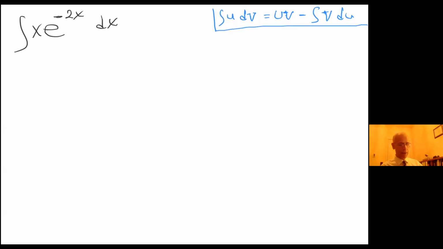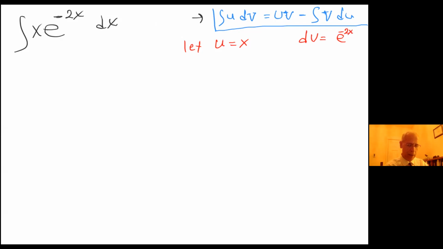Okay. So now, looking at our formula, I'm in need of u and dv and v. Let me use a different color. Let me use red. So I'm going to let u equal x, dv equal e to the minus 2x.